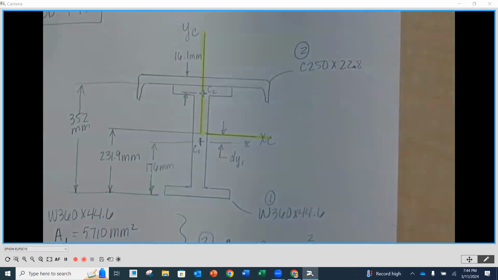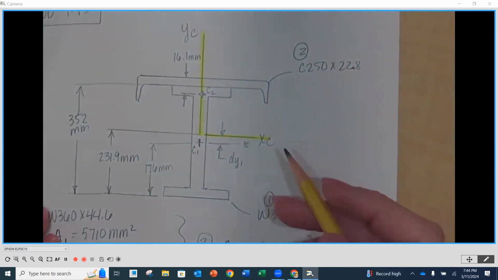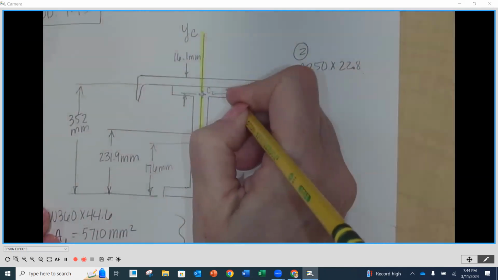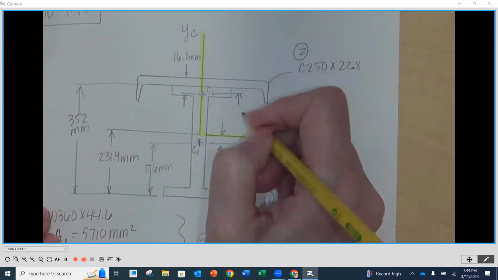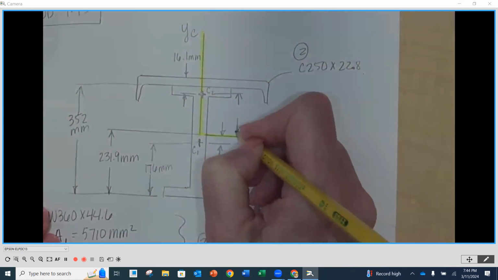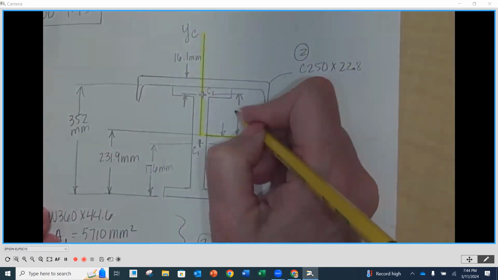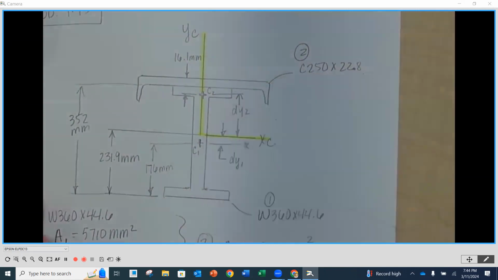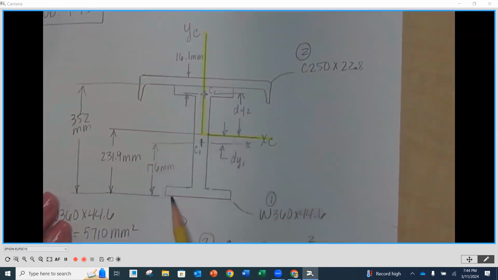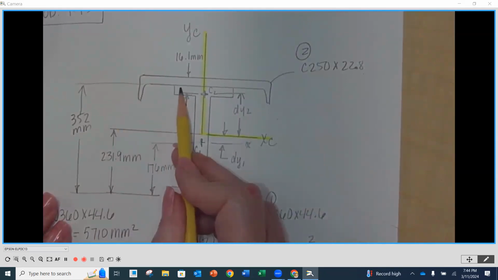All right. Now we need to find our dy2, and it is going to be from the centroid of our composite right here. This is our dy2. Okay. So we know this C channel is sitting on top from the bottom, right? 352.